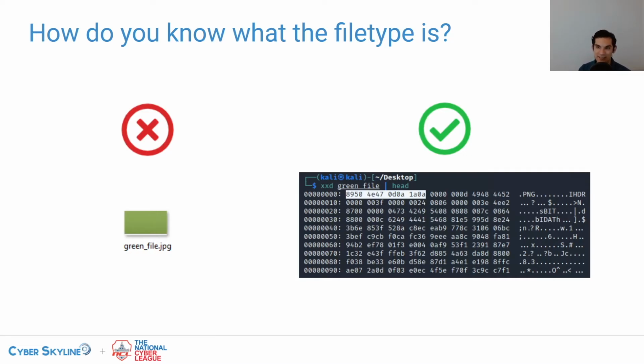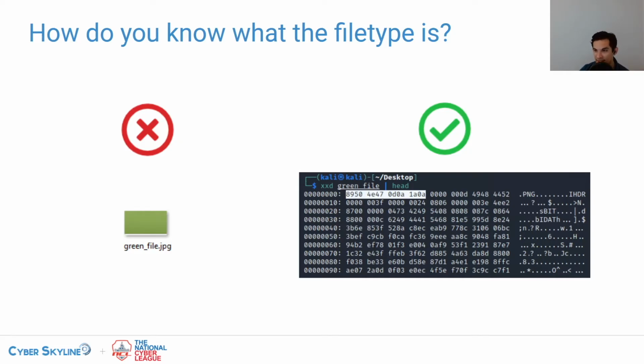And on the right side, you can see when we use XXD, on the very right side here where you can see some of the text, it says .png. And this is because there's something called a file header, sometimes also referred to as magic bytes. Typically with files, at the very beginning of the file, there is a sequence of binary values which indicate what file type this file is.